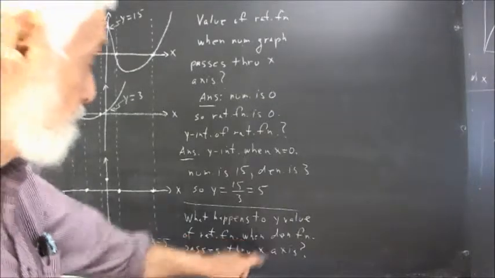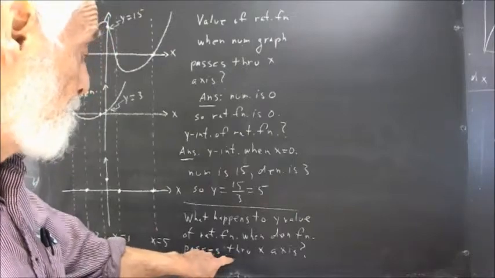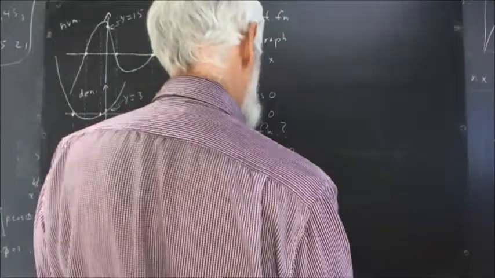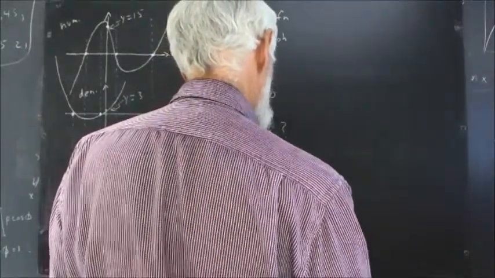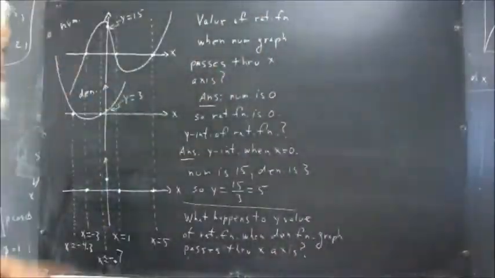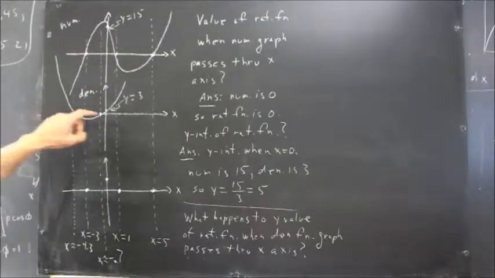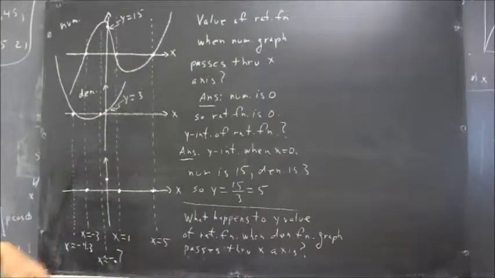Well, the graph of the denominator function passes through the x-axis when the denominator is 0. Not the best way to phrase that, but it'll do.